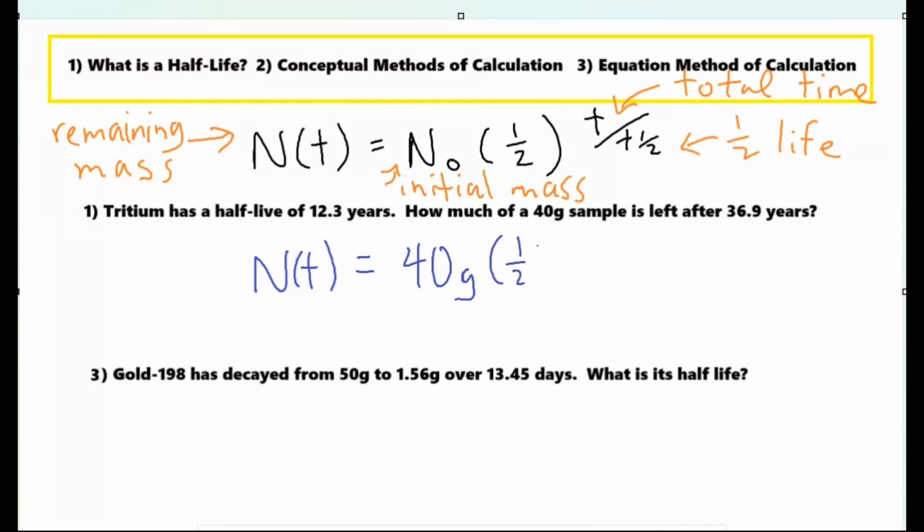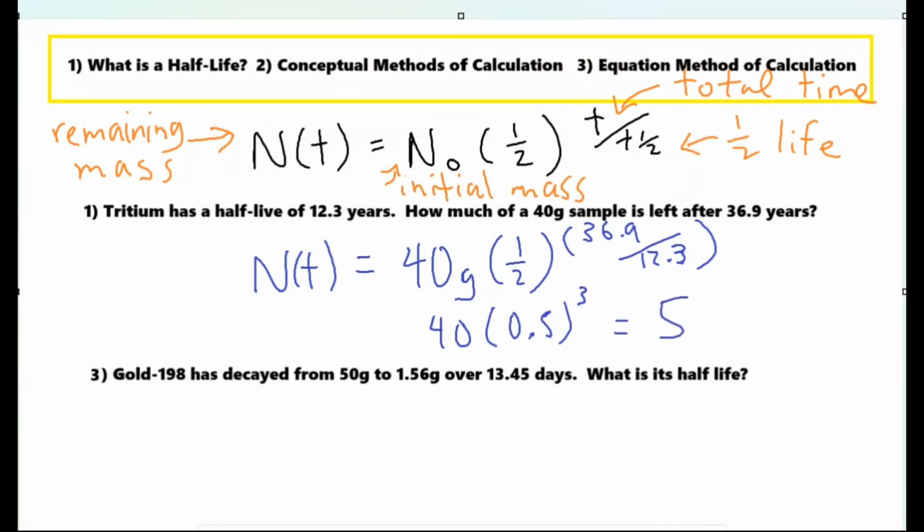And then we have 1/2 raised to this power. Total time elapsed 36.9 divided by half life of 12.3, which basically is just 1/2 to the third power. So then you take 40 times, in my calculator I like to put 0.5, it really doesn't matter, raised to the third power, which is 5 grams. So that method did work out pretty nicely for that problem.